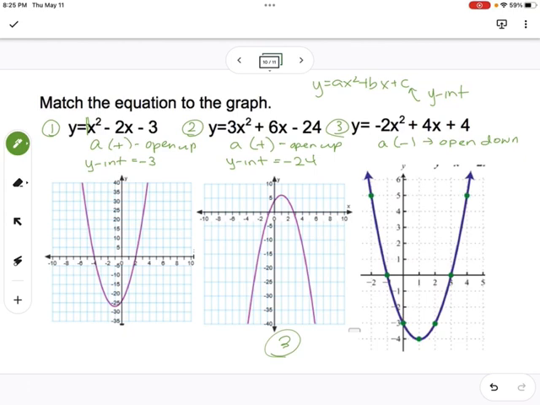So that's something that we can look at in our graphs. Looking at this first one here, we notice that where the y-axis is, the parabola is crossing at negative 24, which matches up with equation 2. And double checking, we're looking where our y-intercept is on the other graph. On the y-axis, it's crossing at negative 3, and that's what we have here. So this graph is for equation 1.